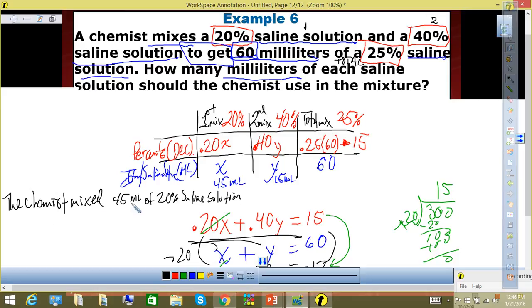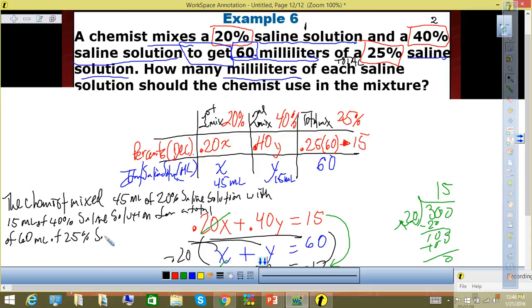The chemist mixed 45 milliliters of 20% saline solution with what? 15 milliliters of 40% saline solution for a total of 60 milliliters of 25% saline solution.